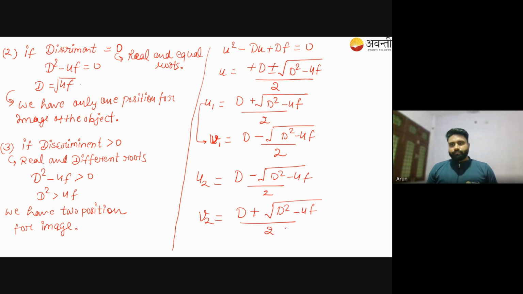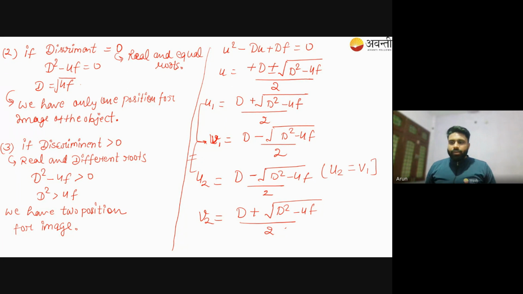Okay. So for one position, if you place the object at position u1, then you will have the image at v1. But if you place the object at v1, look here, u2 is equal to v1.